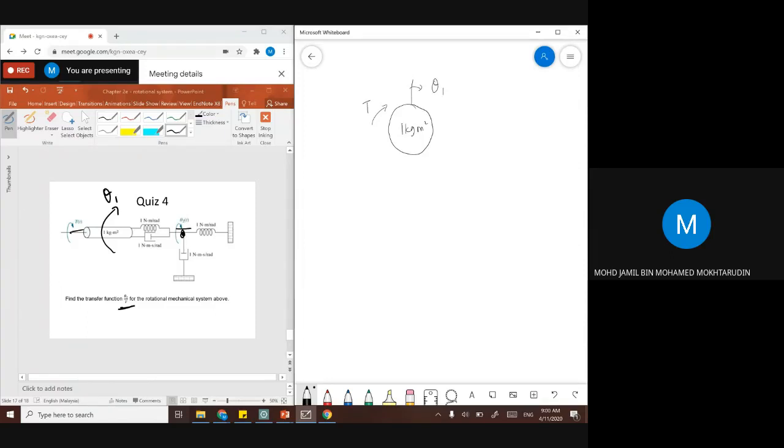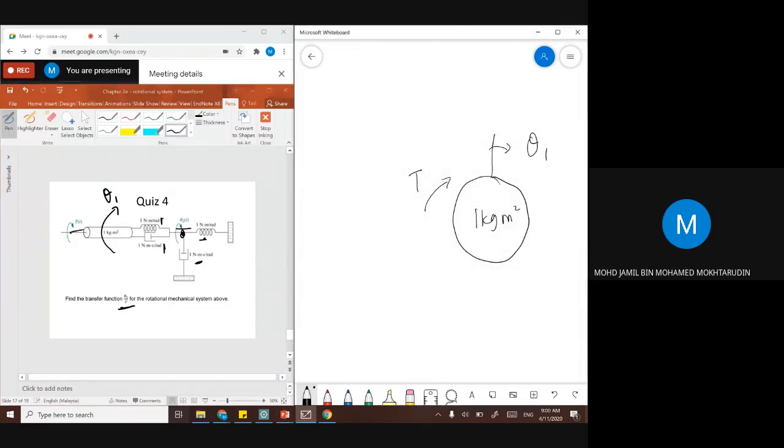And then on theta 1 also you have spring here and damper here connected to theta 1, connected to rod, okay, the rod directly, okay? So these two spring and damper are not connected directly with the rod.